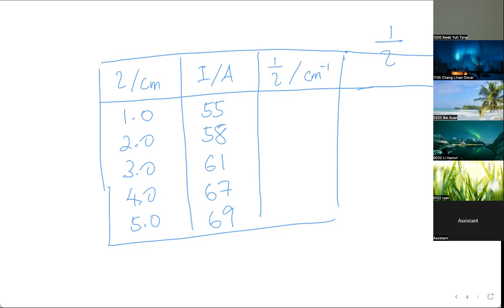For the pendulum experiment, are you supposed to start the timer once you release at the top or when it passes the lowest point in the middle? For the pendulum experiment, this is one oscillation, correct?